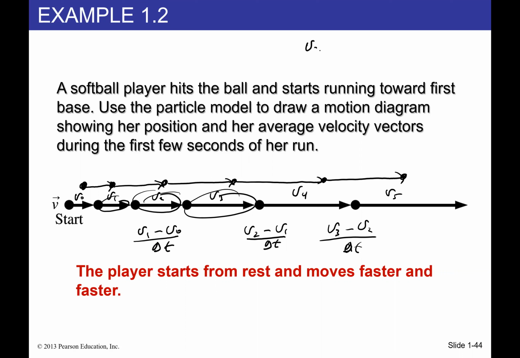So if, for example, I have V2 minus V1 over delta t, but V2 and V1 are the same, which means that it's a uniform constant velocity, then I'm going to get a 0, which means there is no change in velocity. Velocity is constant. But in this case, my delta V over delta t is not equal to 0 because my velocity is changing, increasing.